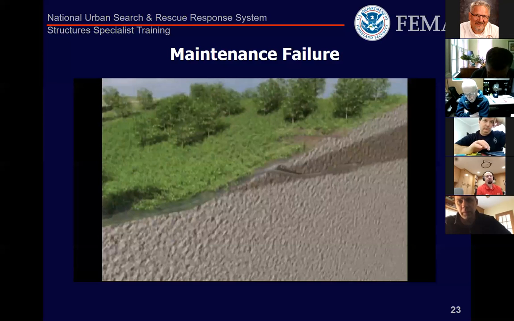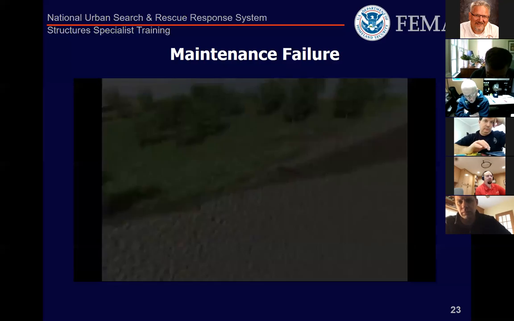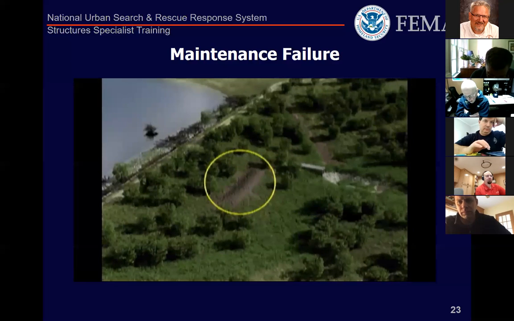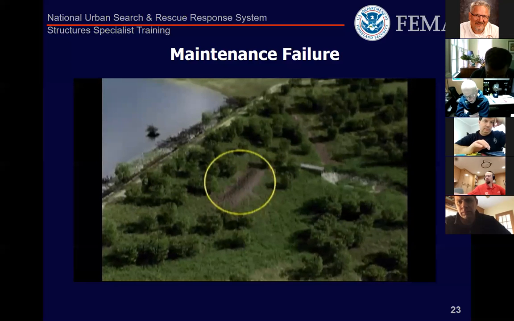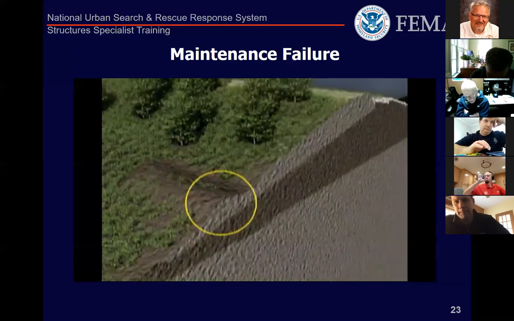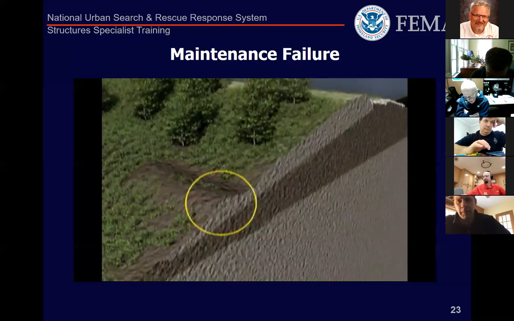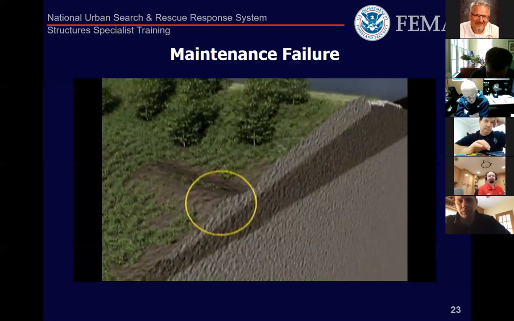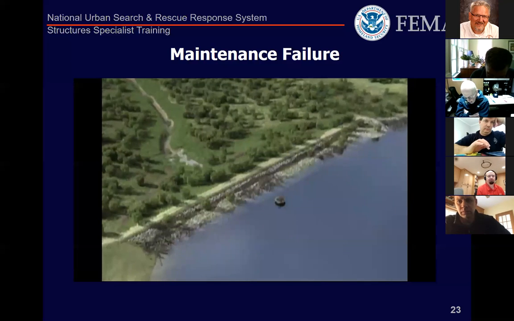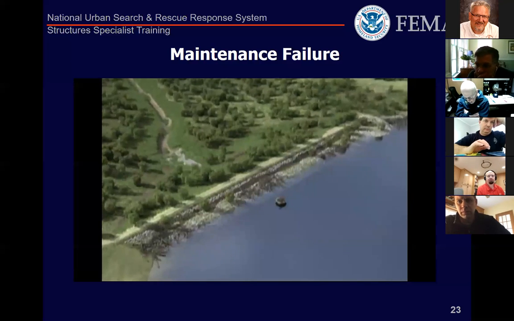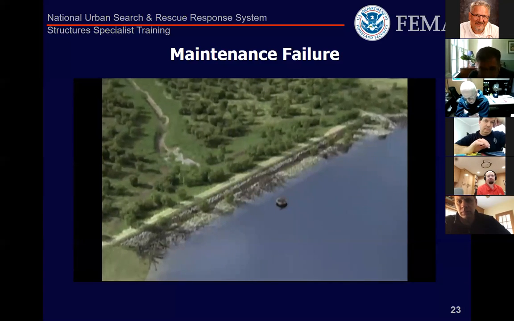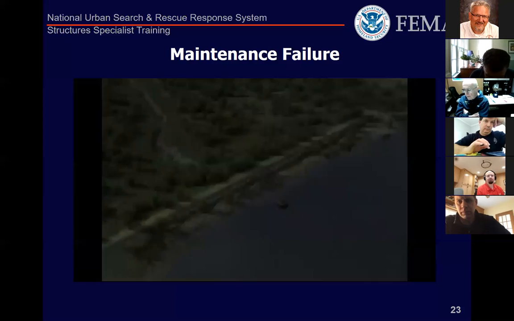Animal burrows will shorten seepage paths, which increases the potential for piping and internal erosion of embankment material. Sloughing and small surface slides can develop at any time. Surface slides need to be immediately repaired before they increase in size and become a major stability problem. Debris can block the spillway inlet, leading to increased pool levels and possible embankment overtopping.